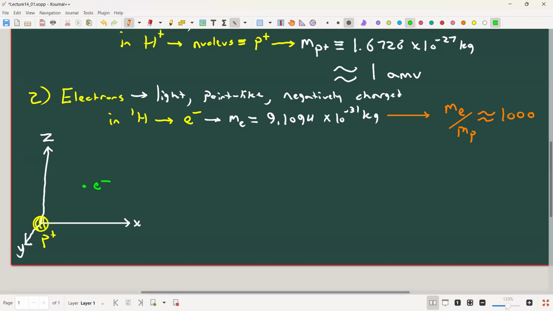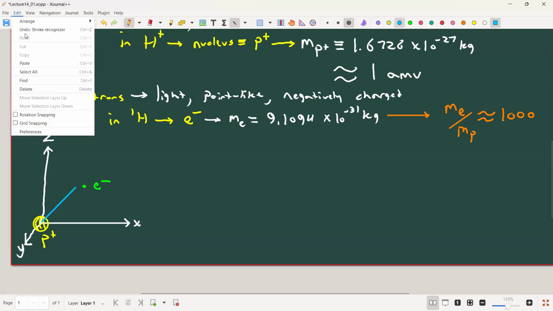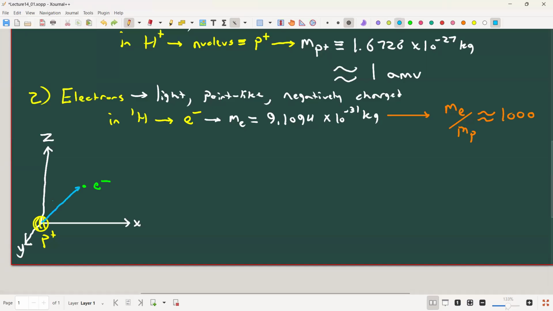Remember, it's a point, we're treating it like a point. It doesn't really have any shape, but we can, in some sense, pick the position that the electron is at. And what I'm going to draw is a vector connecting that proton to the electron that we'll call R. Okay. And so that's our coordinate system right now.